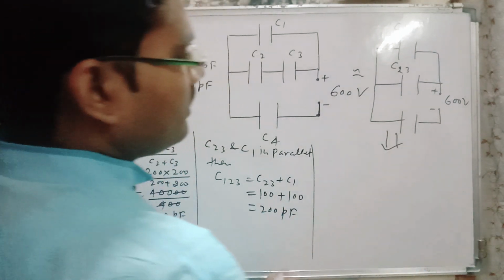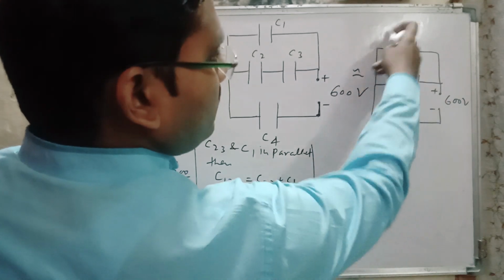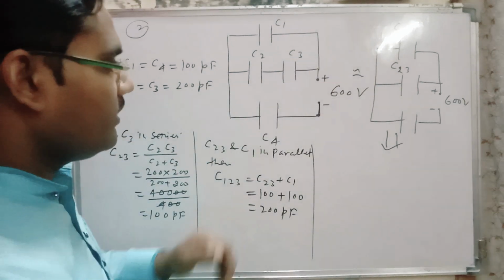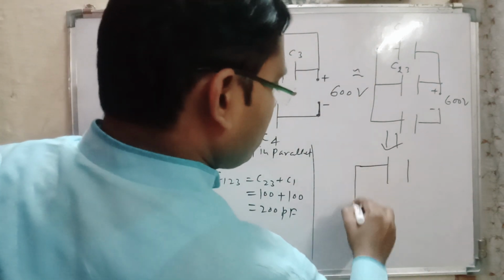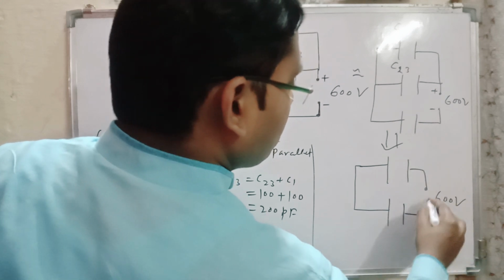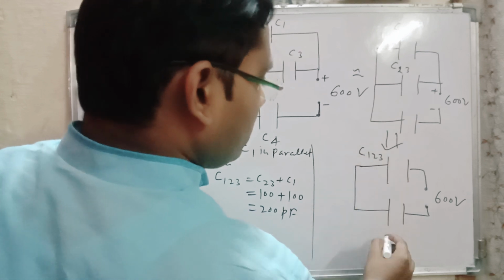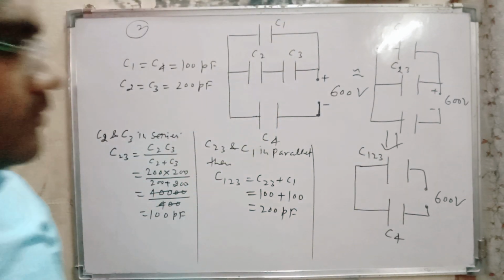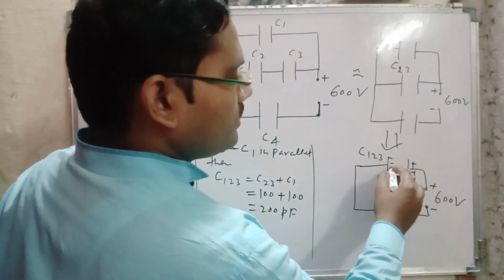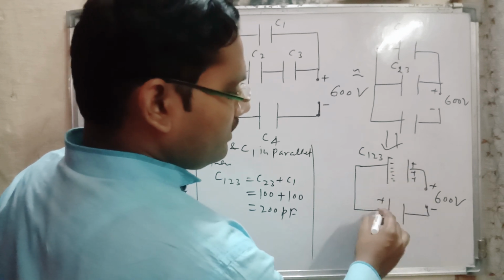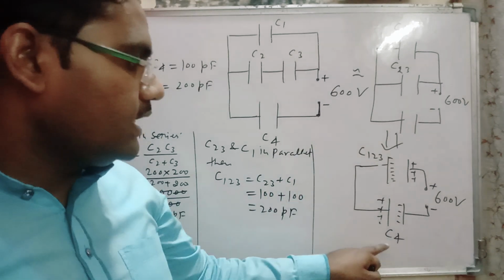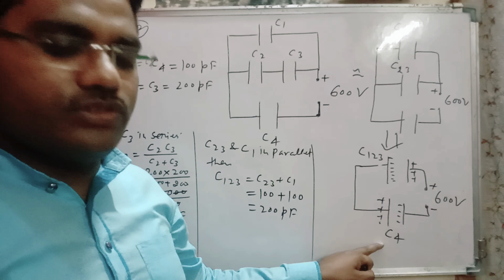Now we convert this. The equivalent of C1 and C23 is C123. So now here 600 volt, this is C123 and this one is C4. Now it is clear that if this one is positive, this one is negative, then this plate became positive, this became negative due to induction, and this became positive, this became negative. That means C123 and C4 are in series combination.